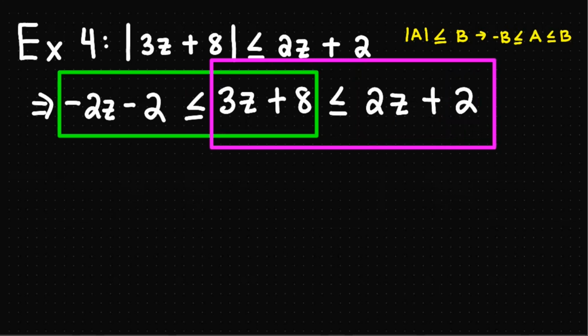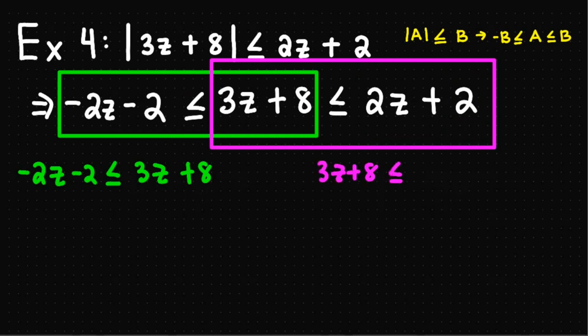So we'll have in the first, negative 2z minus 2 is less than or equal to 3z plus 8. And on the right, we'll have here 3z plus 8 is less than or equal to 2z plus 2.